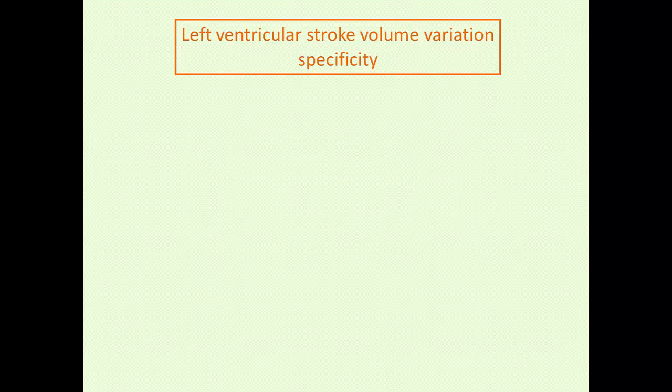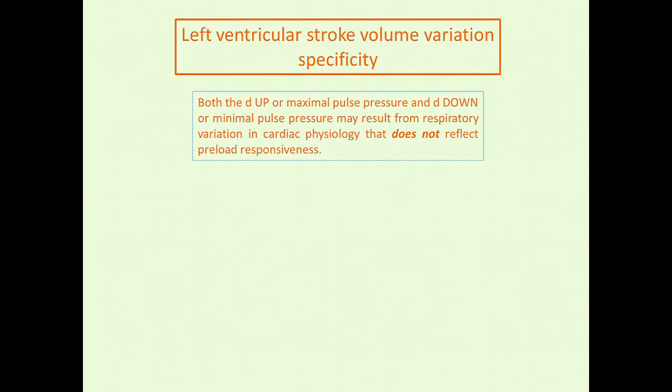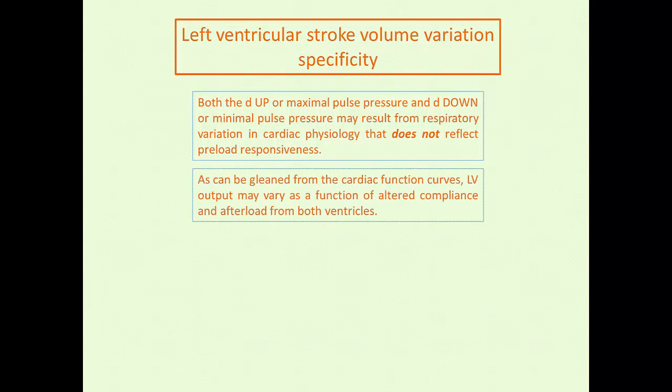So as I mentioned, there's this idea of specificity. Both the D up, or the maximal pulse pressure, and the D down, or minimal pulse pressure, may result from respiratory variation cardiac physiology that does not, I repeat, does not reflect preload responsiveness. And as you may have realized, the cardiac function curves shift in parallel to systemic venous return or pulmonary venous return, but their slope can also shift.